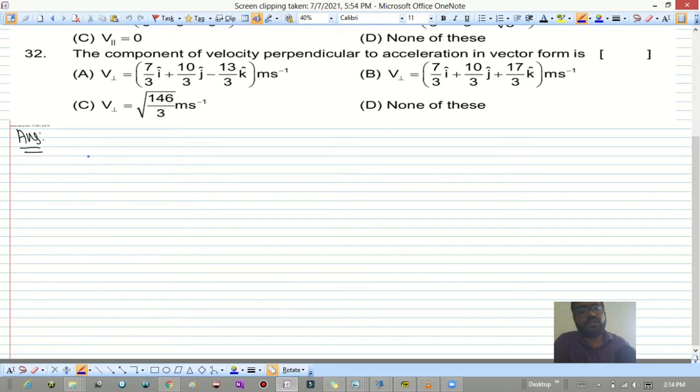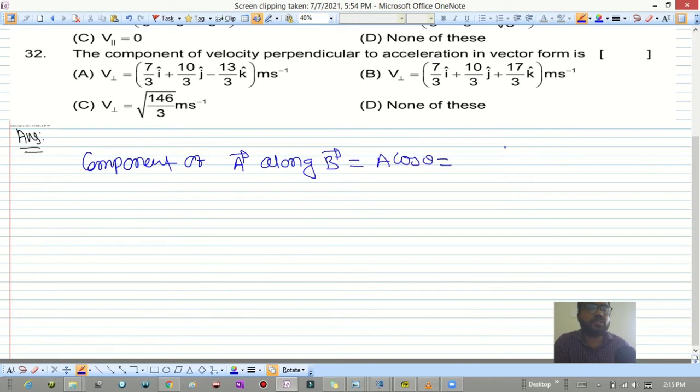So it is the component of a vector along b vector. We can write it as a cos theta, which is equal to a bar dot b bar divided by magnitude of b bar.